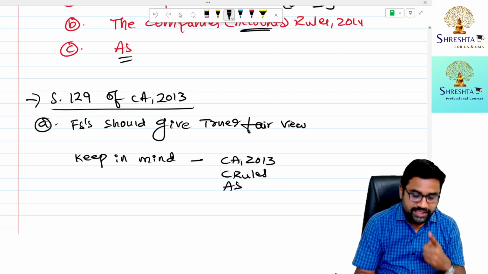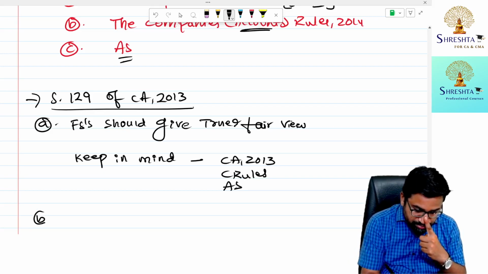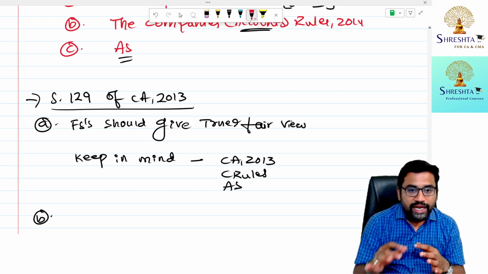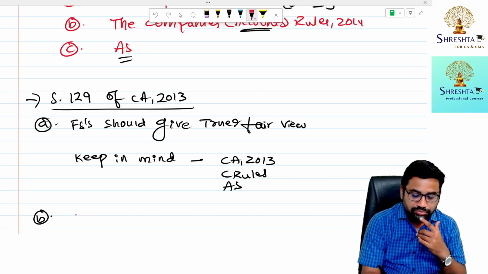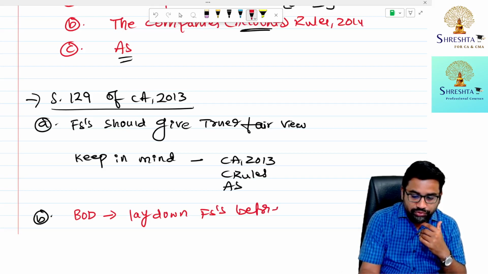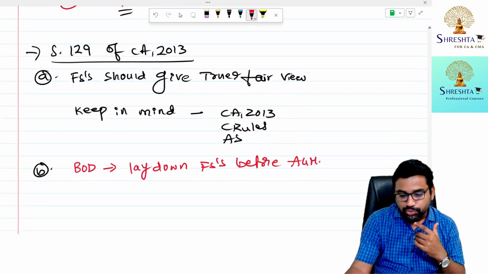That is what 129 says. The next important point is that it is the responsibility of the board of directors to lay down the financial statements in the AGM. So the board of directors must lay down financial statements before the AGM. Who has the responsibility to prepare financial statements? The board of directors.